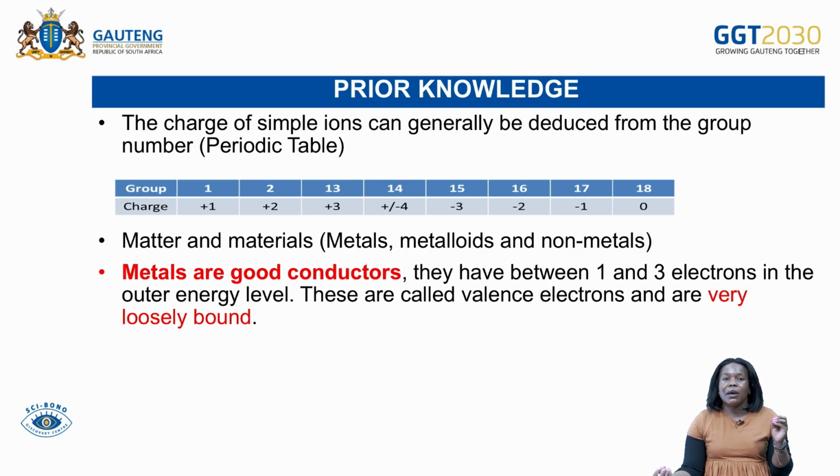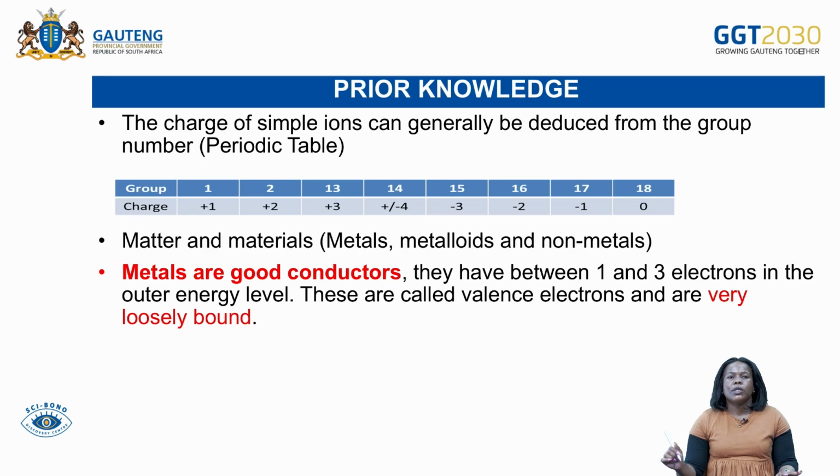So if the metals are shiny and good looking, then the non-metals are dull. Okay, they're not good conductors. They are mostly insulators, and they are not good conductors of heat and electricity. Okay, so it's just quite the opposite of the two. And then metalloids, they are in between, depending on how they are treated. They are not that good conductors of electricity, but they're also not that bad. That is why you find them in the middle of our periodic table.